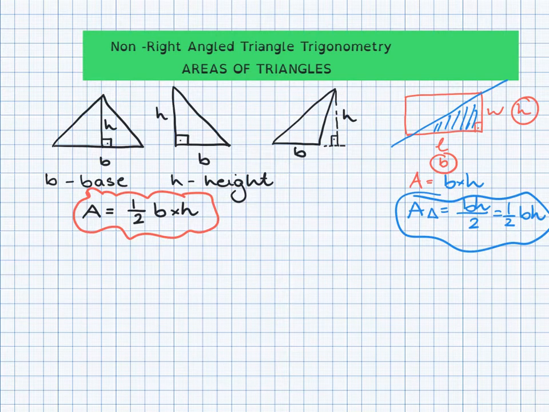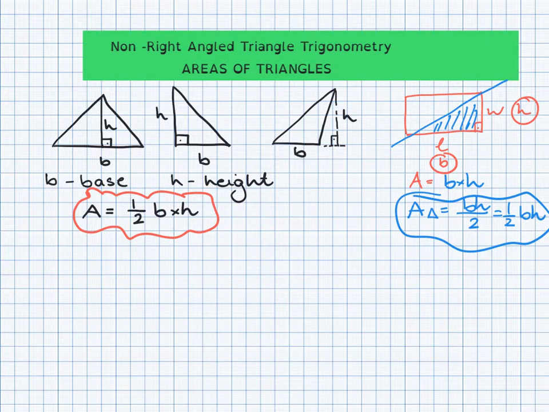However, as I mentioned before, today we're going to focus on non-right angle triangles. They are the ones that don't have a right angle, or they may have one, but the height is not included.